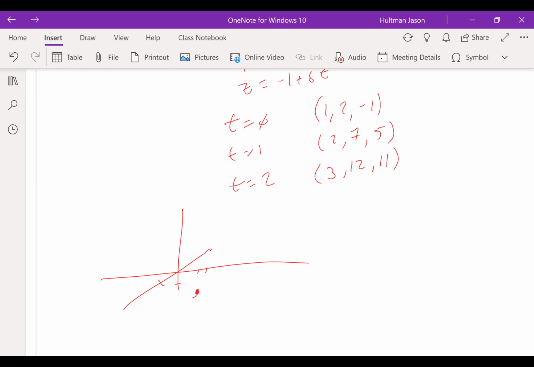We're always going to go up 5 in the y direction. Oh, that's the z direction, sorry.